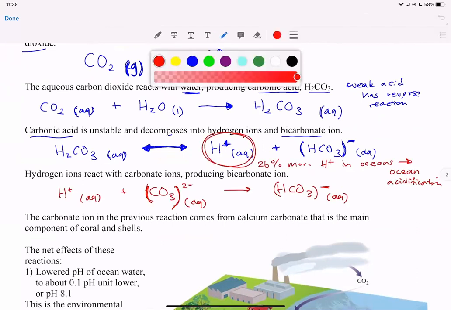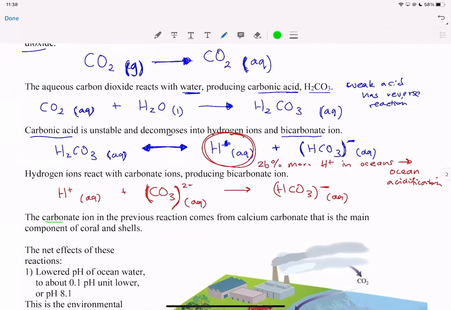And so this carbonate ion, this one, circling this in green, this carbonate ion from this reaction comes from calcium carbonate that originates from coral reefs and shells of marine life.